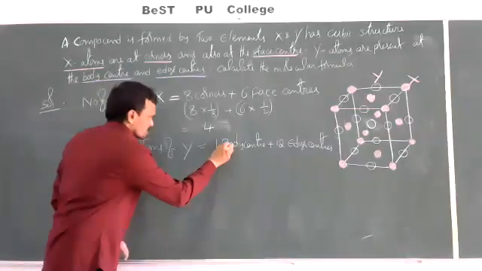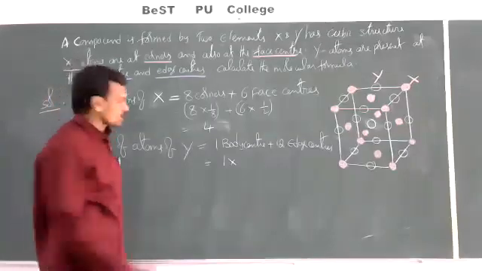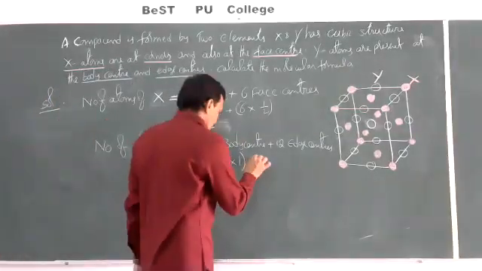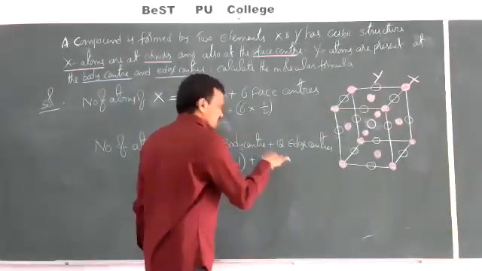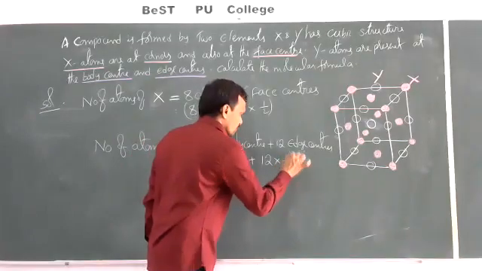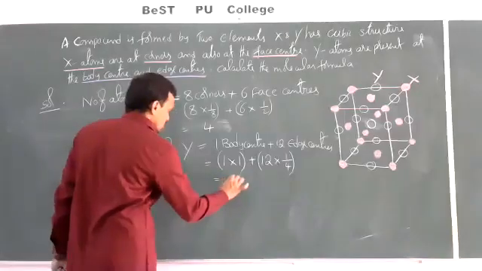Now let us see the contribution here. So 1 into, what is the contribution of body center? Contribution of body center is 1, plus 12 into contribution of edge center 1 by 4. So 12 into 1 by 4, which is nothing but 3, so 1 plus 3, that is equal to 4.